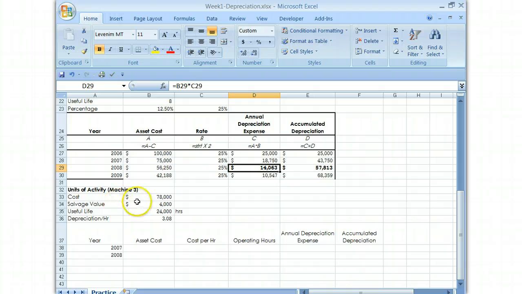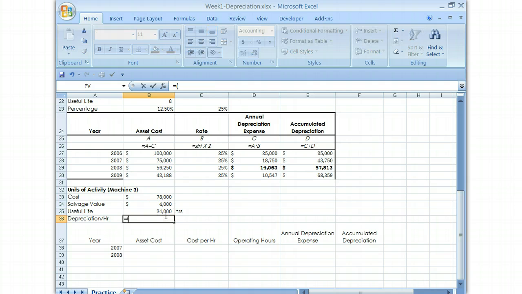So what we want to do here is take the salvage value from the cost to get our depreciable value, and then instead of dividing by the number of years, we're going to divide by the total number of units expected to be produced by this machine. So in this case, we are going to take our 78 and subtract our 4,000, and then we are going to divide by our 24,000.